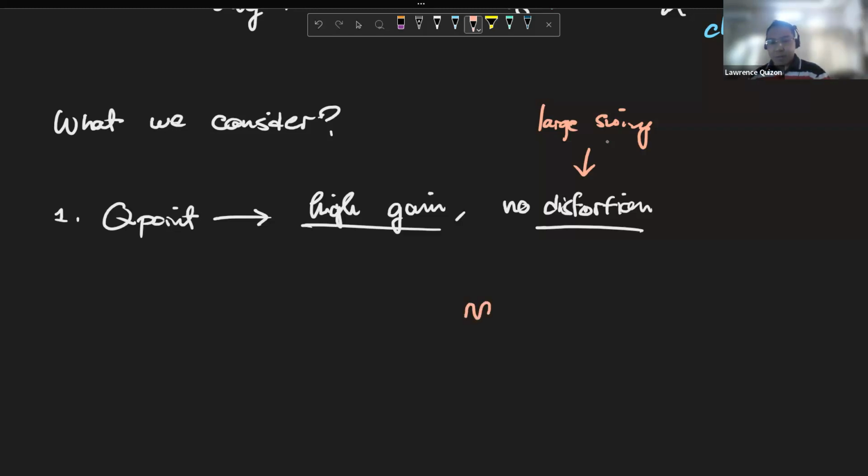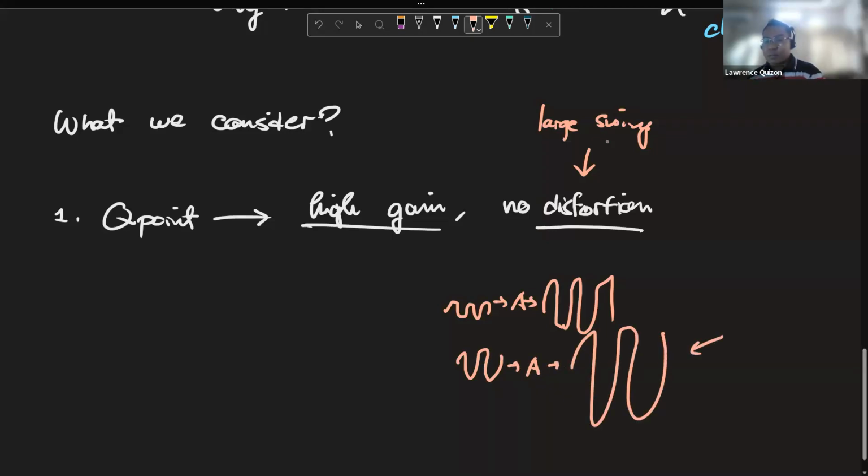Kasi of course, 'di ba, kapag maliit yung input mo, then proportionally maliit yung output, no? Kasi they're related by A, no? Kaso kapag malaki yung input, then malaki din yung output with the possibility of distortion.